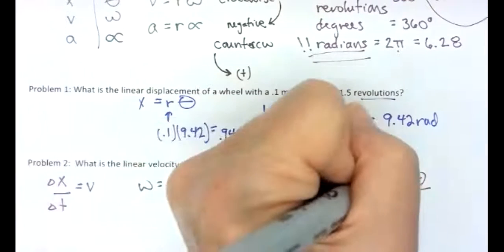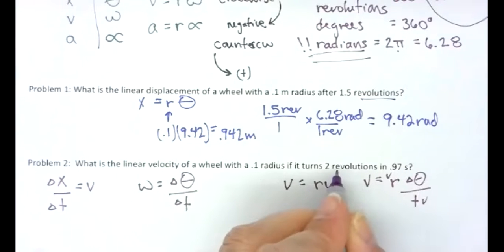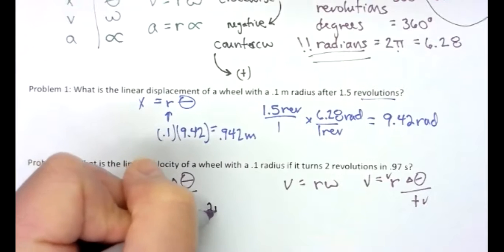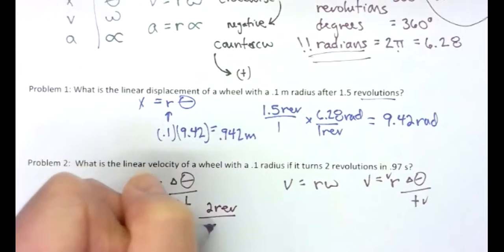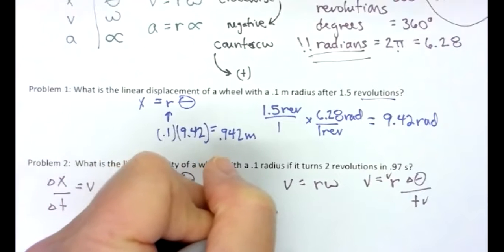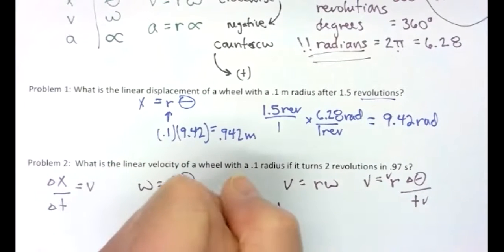The problem gives me this, but it gives me my displacement in revolutions. So I have to convert that. I have 2 revolutions, and I have 1 revolution is 6.28 radians. So when I multiply that, I'm going to have 12.56.